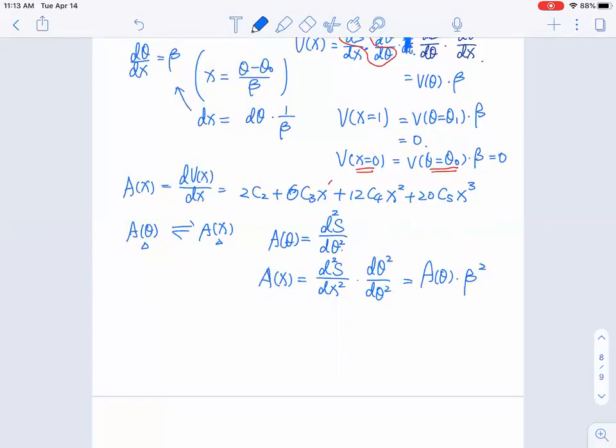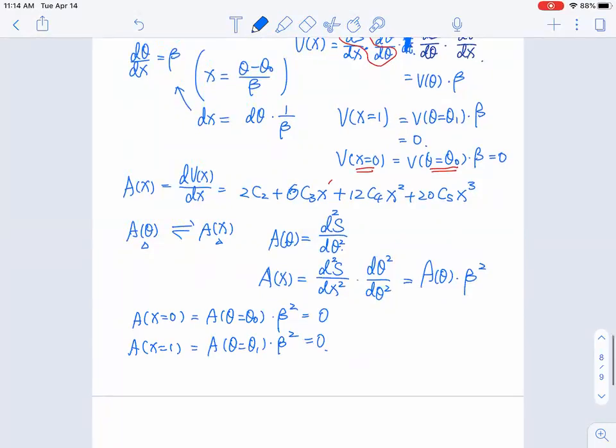All right. So then you can transfer all the boundary conditions from theta domain to x domain. We want to find A when x equals 0. If x is 0, that means your theta is theta naught, times beta squared. And luckily all the accelerations are 0, so it's 0. The same thing, you can find the other boundary condition at theta equals theta 1 times beta squared, also 0.